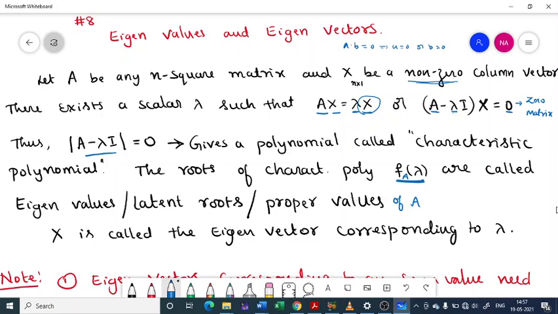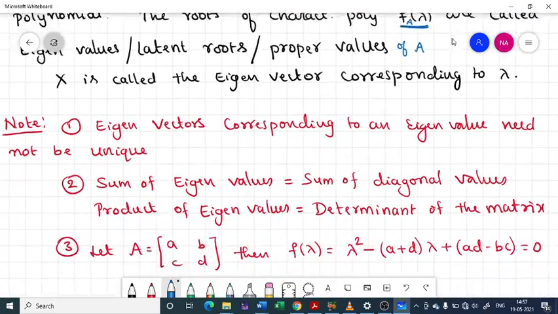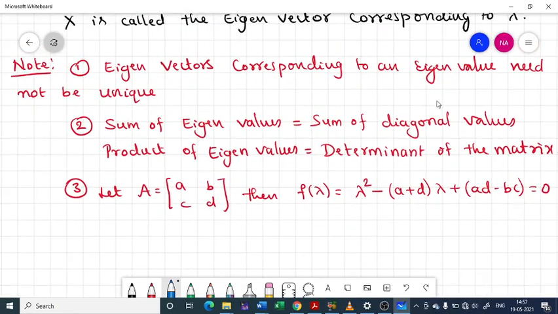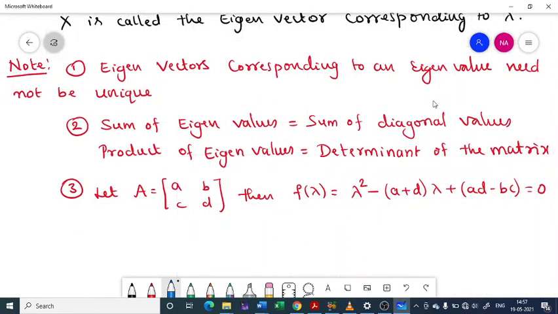Okay. Now note some important points we have to recall here. That helps to solve problems on eigenvalues and eigenvectors. Eigenvectors corresponding to an eigenvalue need not be unique. Okay, the first point, just concentrate on the first point.